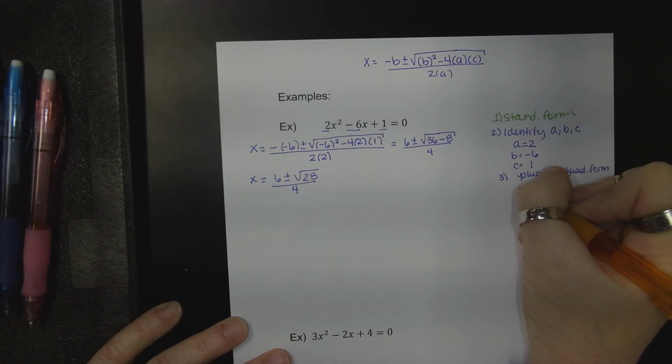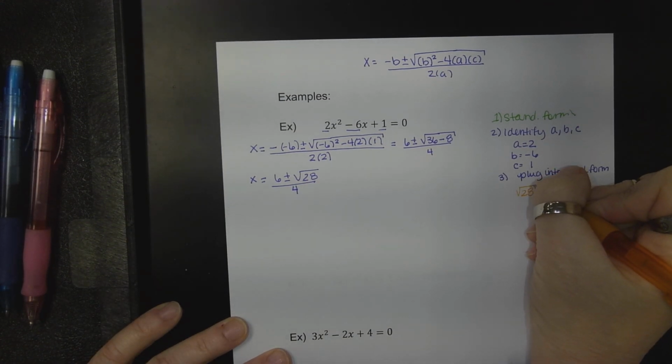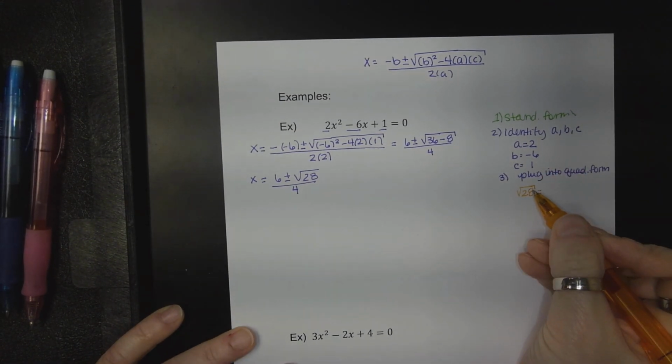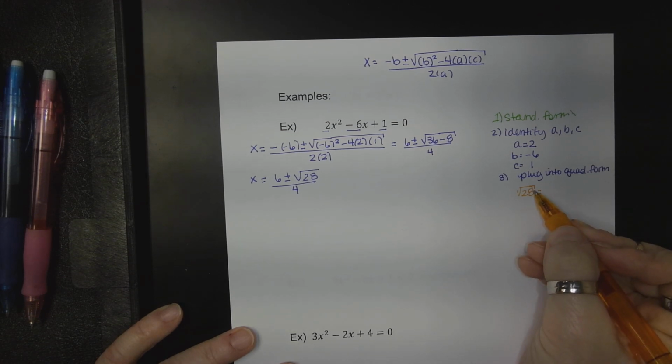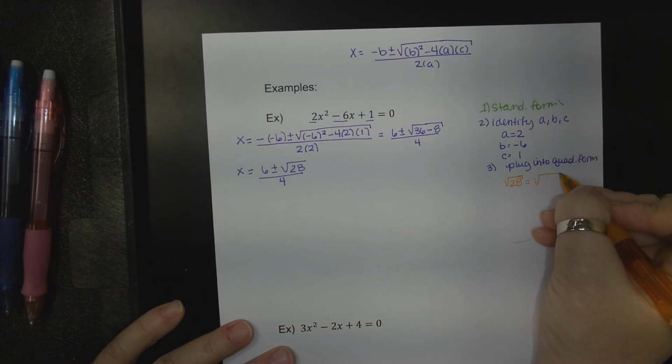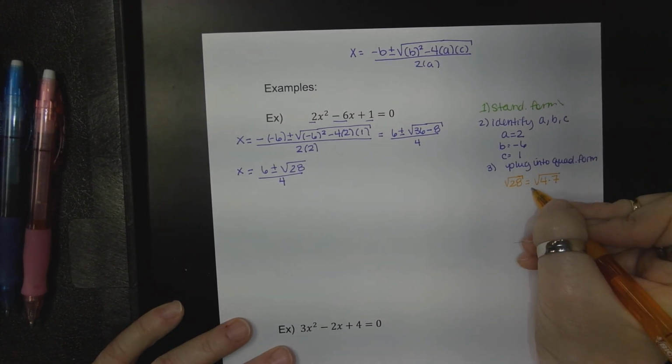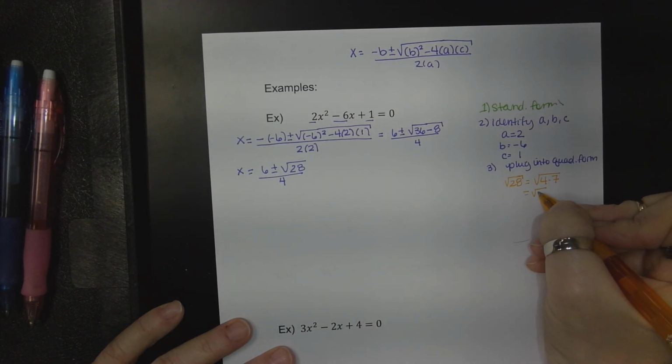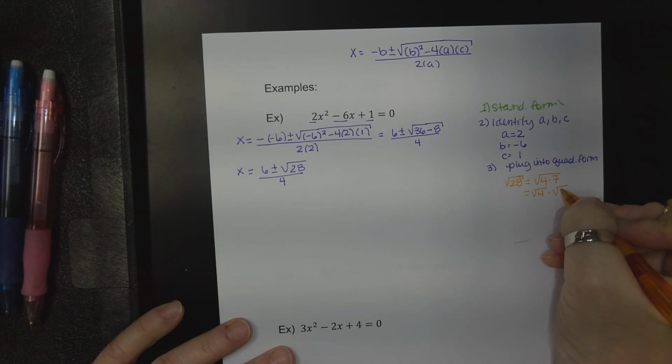Let's step over here. Square root of 28. We need to turn this into a perfect square. So 28 is the same thing as 4 times 7, right? So we could break this into the square root of 4 times the square root of 7.